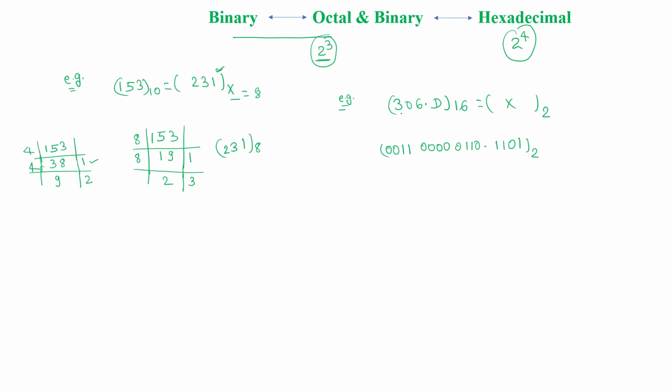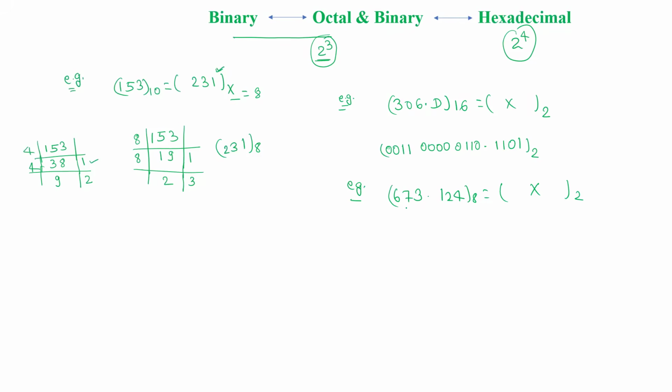Each digit of hexadecimal should be written with 4 binary digits. Similarly, one more example, from octal to binary. If you have the octal number 673124, radix is given as 2, and we have to find x.